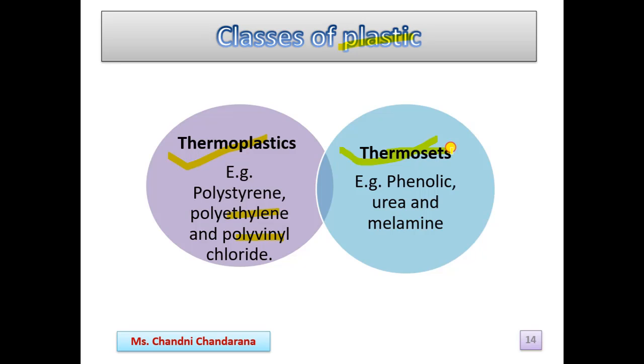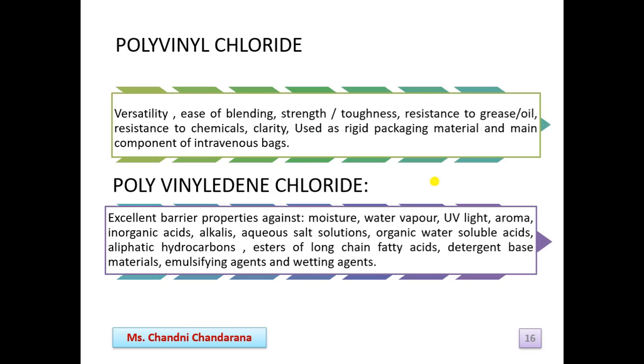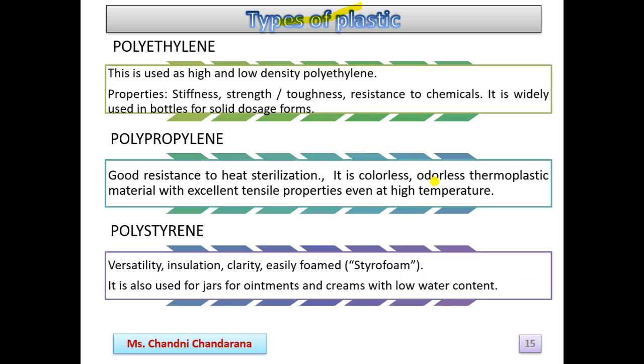For example, phenolic, urea and melamine are examples of thermoset class of plastic material. Now we will see the types of plastic. There are many types of plastic material: polyethylene, polypropylene, polystyrene, polyvinyl chloride.